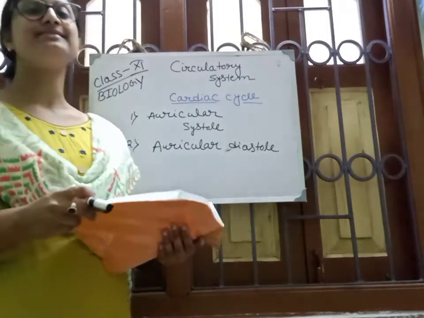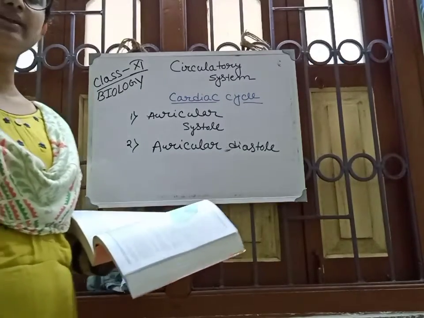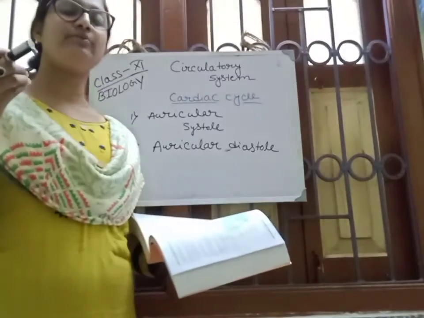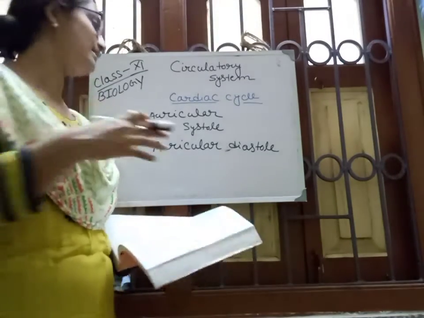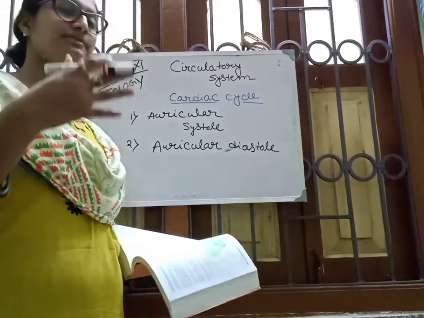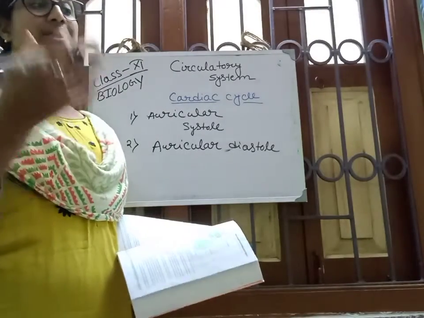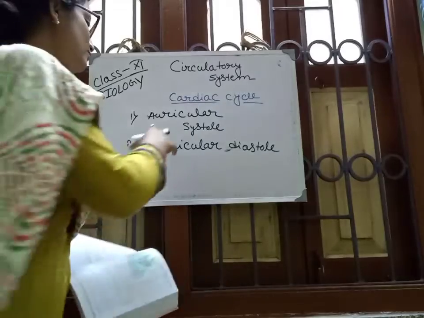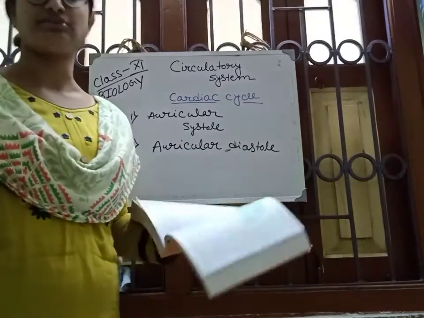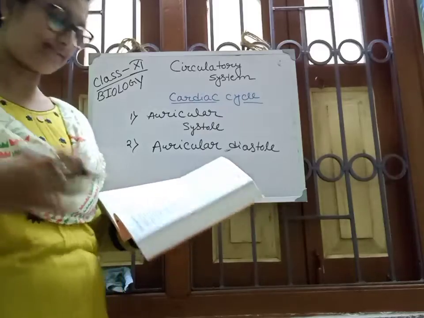Auricular diastole means relaxation. From the inferior vena cava and superior vena cava, blood enters the right auricle, and from the pulmonary veins, from the lungs, blood enters the left auricle, during diastole. Then the auricular systole starts the contractions again.